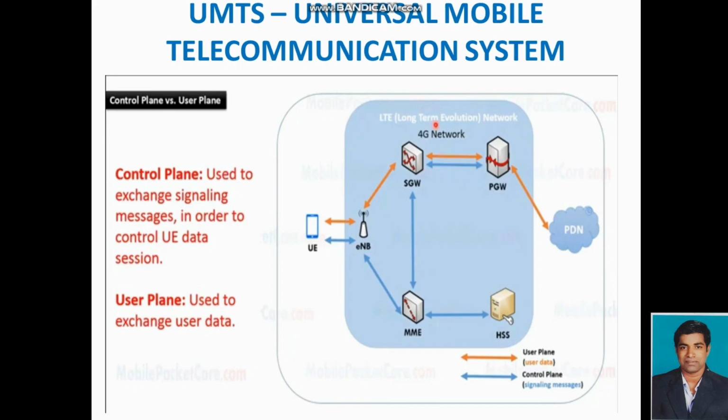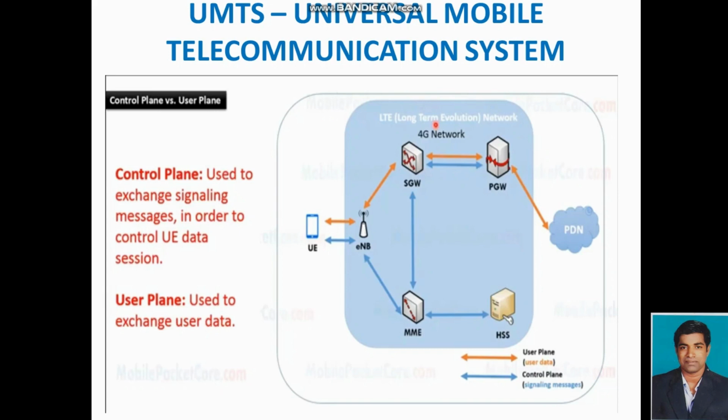This mobility management entity is storing all the user subscription details in the Home Subscriber Server, HSS. Once a new user comes, automatically it is authenticated with the existing details available in the HSS.